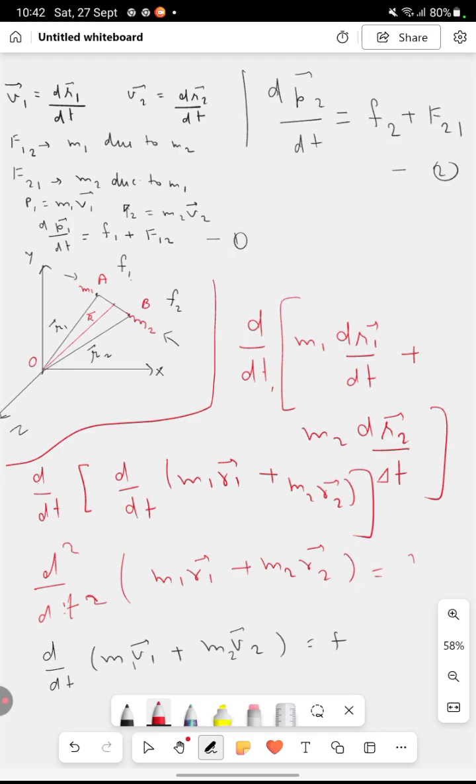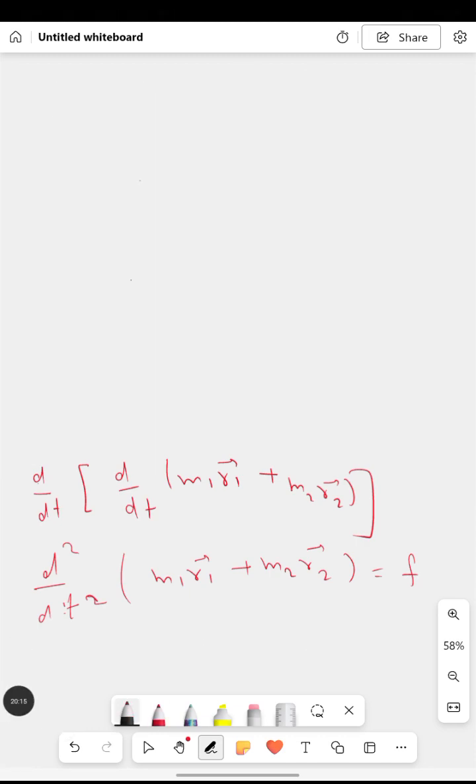Now we know from Newton's second law, ma equal to F, means force is equal to change in momentum or mass into acceleration. So for making that formula, we can multiply and divide this equation by m1 plus m2.